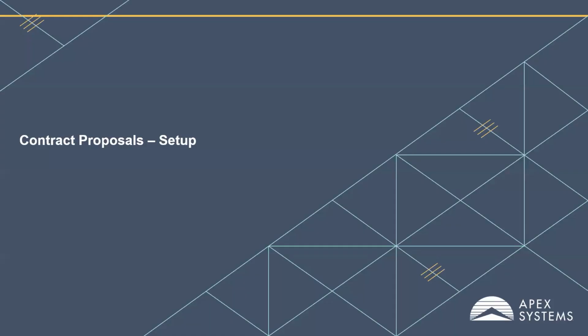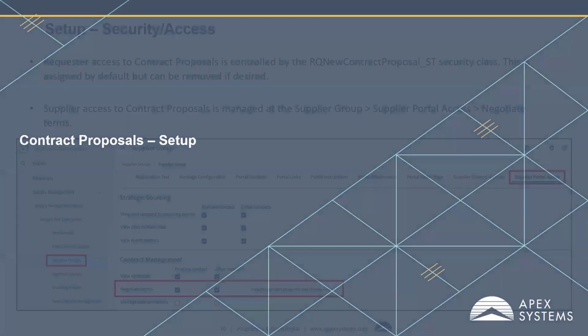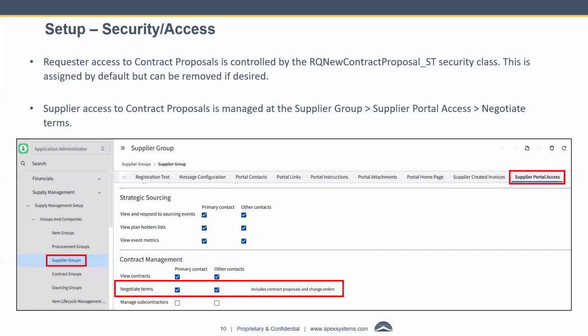Now we're going to talk a little bit about setup for contract proposals. So what do we need to set up? Well, requester access to contract proposals is required by the RQ new contract proposal security class, but this is assigned by default. So if you wanted to remove it, you could do that, but out of the box, requesters have access to this.